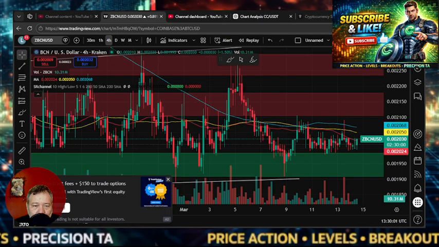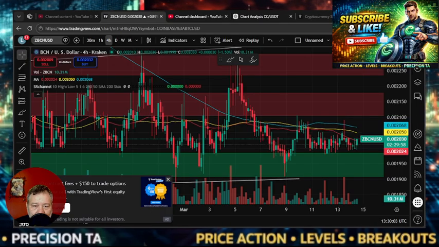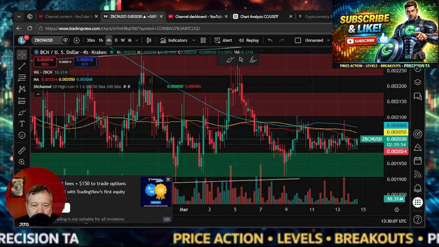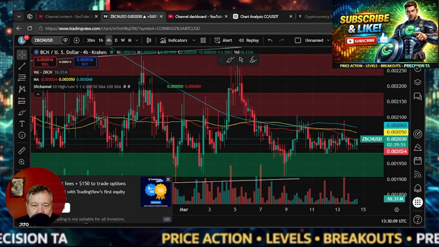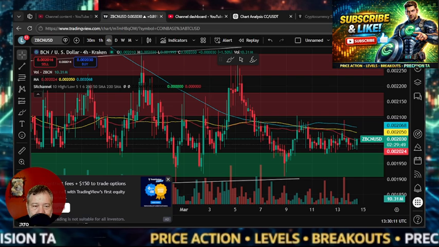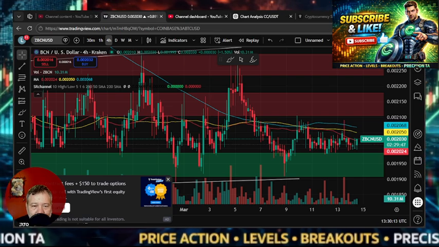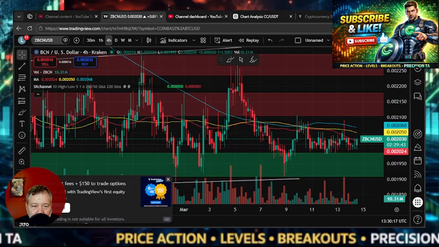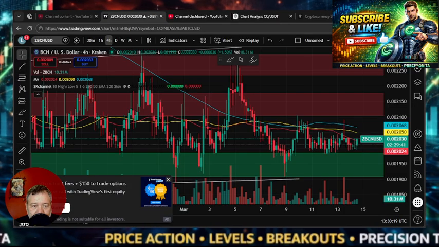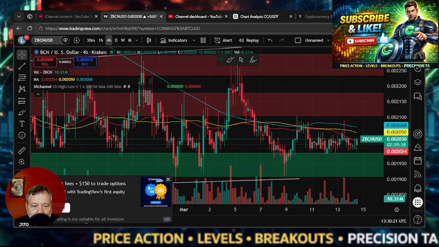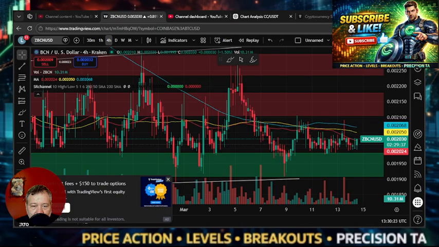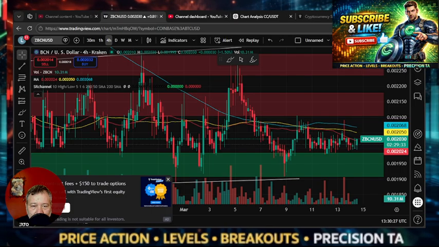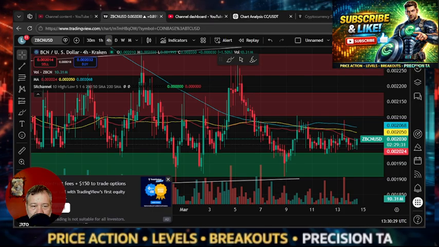So if bulls want to regain momentum, they need to push price above 0.00210, and that's where we need to hold it. If that happens, the next big level is sitting around 0.00225. This was the previous spike high where sellers came in aggressively. Breaking that level would signal that the market may be ready for another expansion phase.